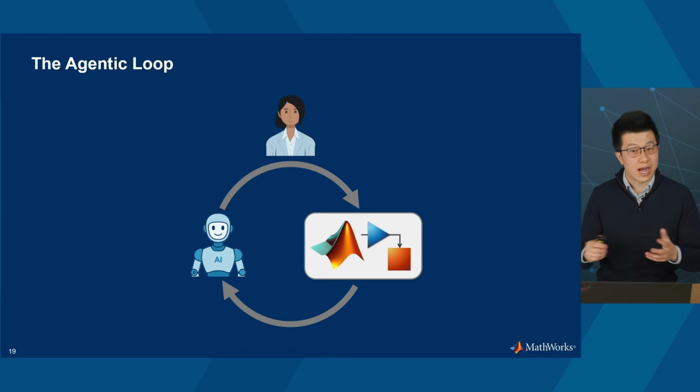The agent takes actions, it uses tools, it gets results back to you, and it iterates with you like a true design partner. What's important is that the engineer stays in control. You set the intent, you review results, you make the final call.